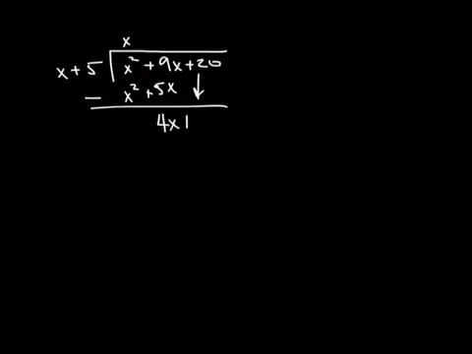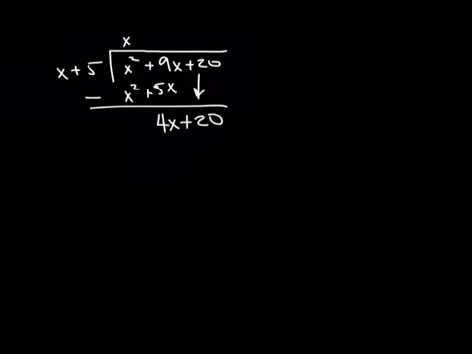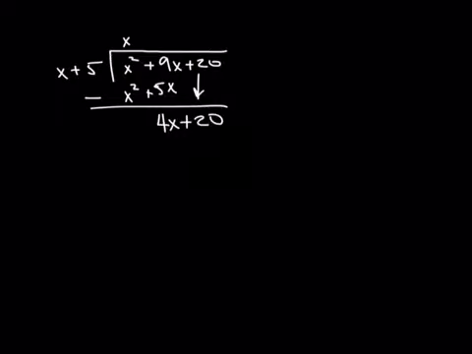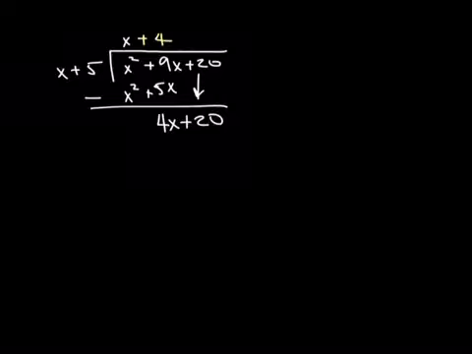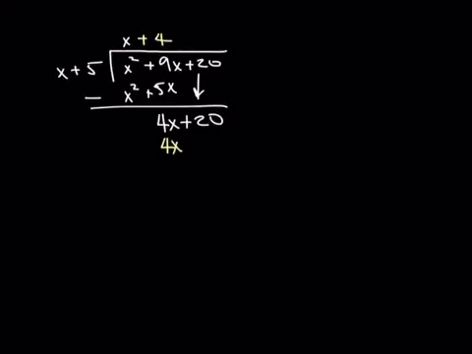Bring down the 20. x goes into 4x. Well, if there's 1 there and there's 1 there, 1 minus 1 is 0. So x goes into 4x 4 times. Now I multiply. And then I multiply.